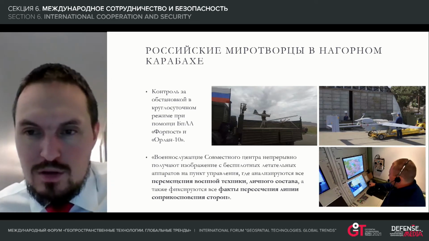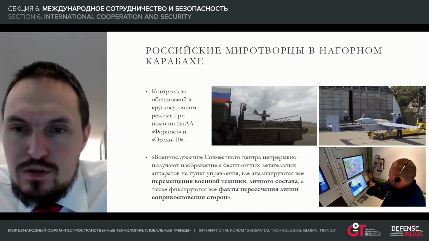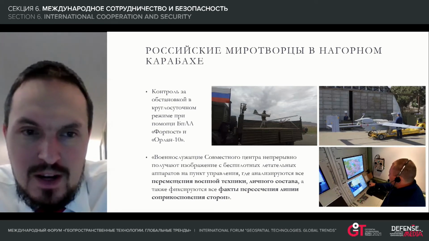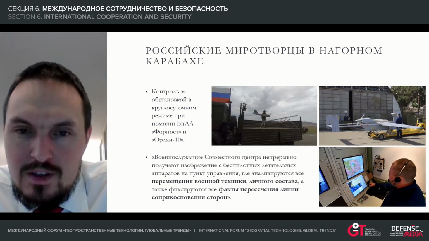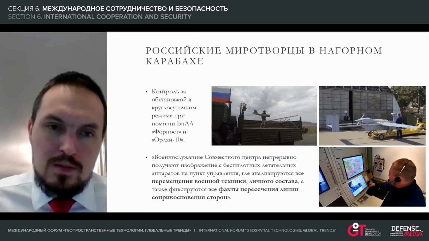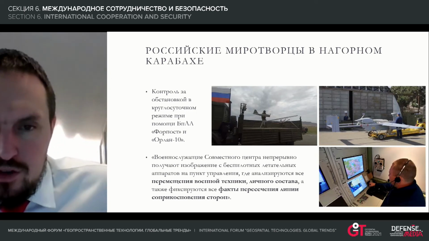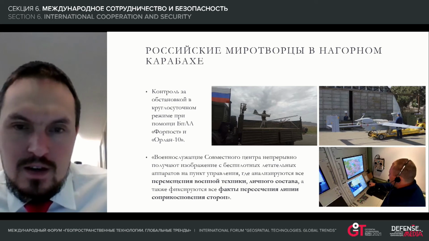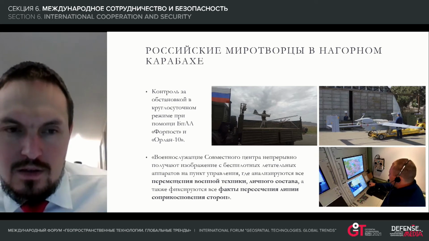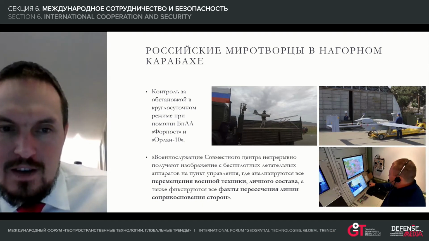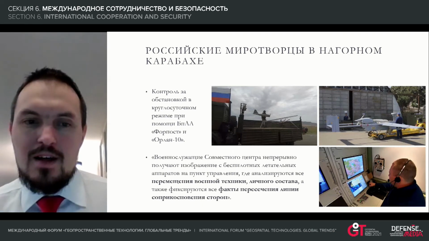Patrolling is performed in the traditional way, but they also use unmanned flying vehicles for monitoring. These are two kinds of vehicles, at least according to the Ministry of Defense: Orlan-10 on the left and another one on the right.